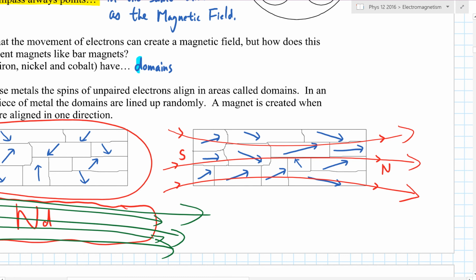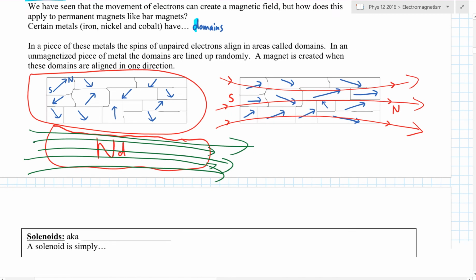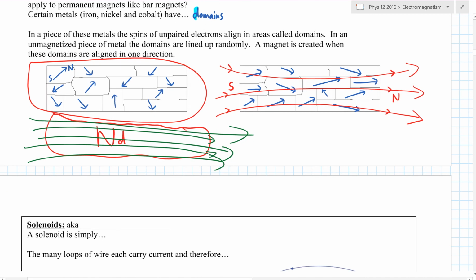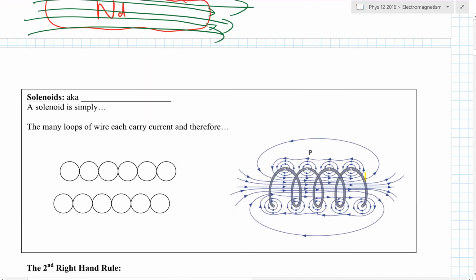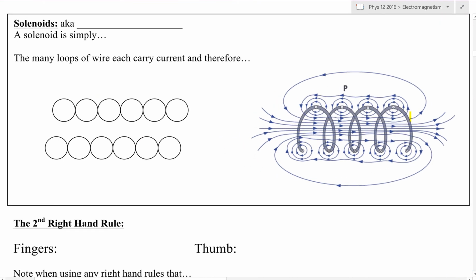Okay, so that is the idea. Now, the last bit of today's lesson will be involving solenoids. Solenoid is a cool name, but what it really is, is just a coil of wire.